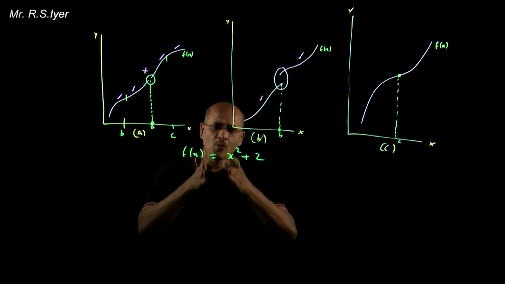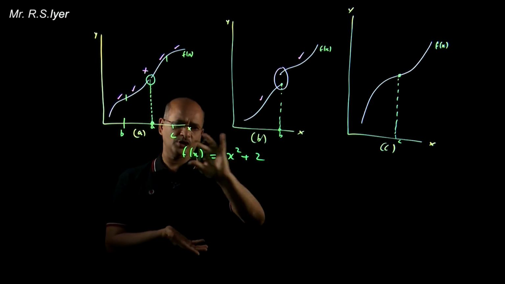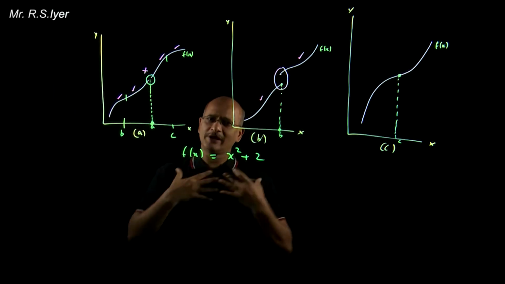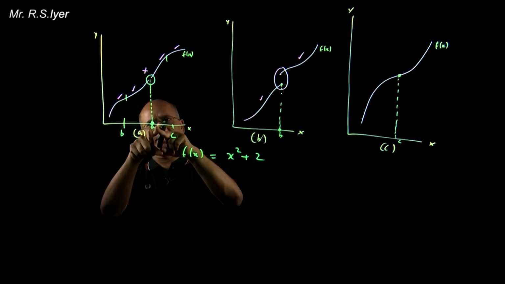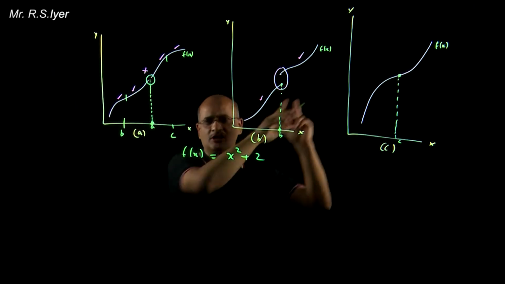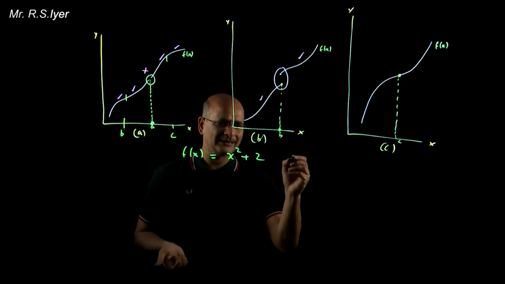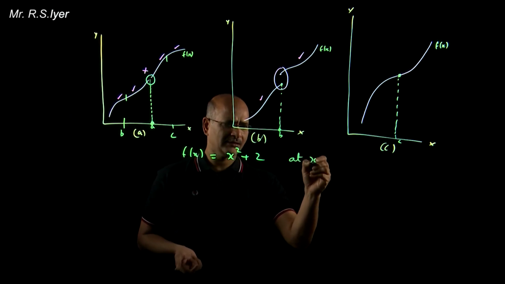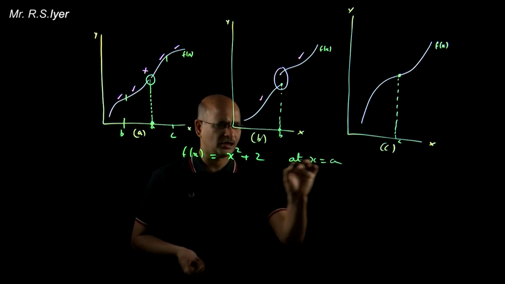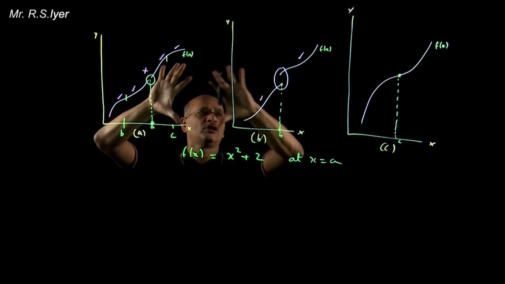Coming back to what I put across to you all, function is given to you, graph is there, I am very happy, I can discuss the continuity: at A it is discontinuous, at B it is discontinuous, at C it is continuous. But what happens if I say that at x equals A, suppose this function is x square plus 2 at x equals A, and I have not given you any graph.